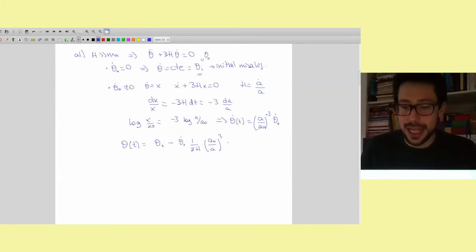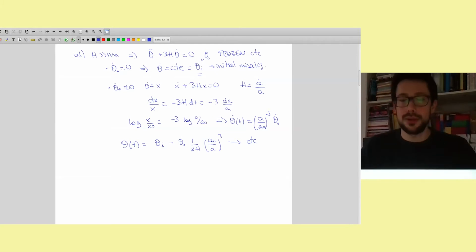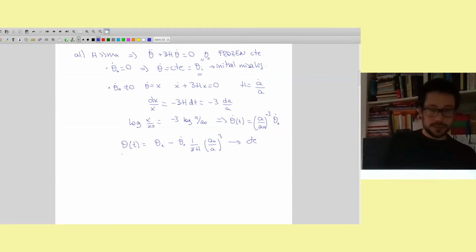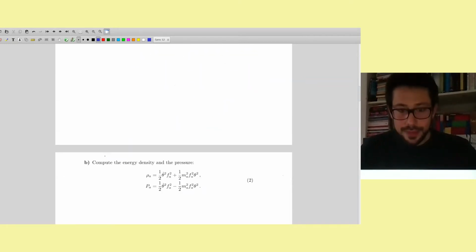At large times, this will be equal to a constant. So the conclusion is that in this regime, the axion is frozen at a constant value due to Hubble friction. This is the first part of the exercise.